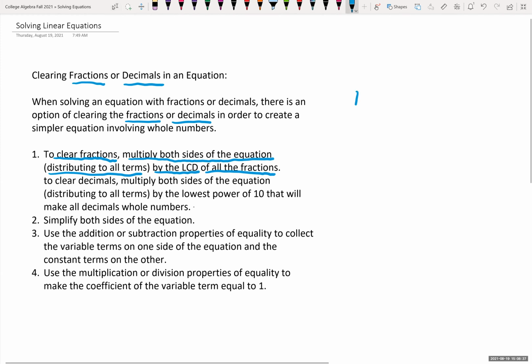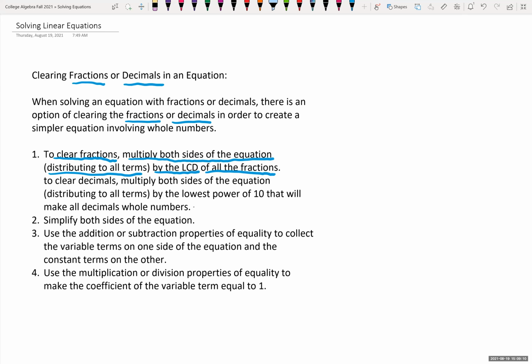So for instance, if I have 1.12, I know that there are 2 digits after my decimal, and in order to move the decimal over twice, I would multiply this by 100, 2 zeros. Where if this was 1.123, I'd have to multiply this by 1,000 to clear my decimal. And again, we don't have to do that when we're dealing with decimals, or fractions without variables in the denominator, but it just makes things a lot nicer and smoother.